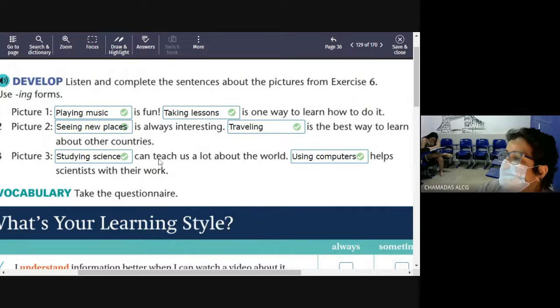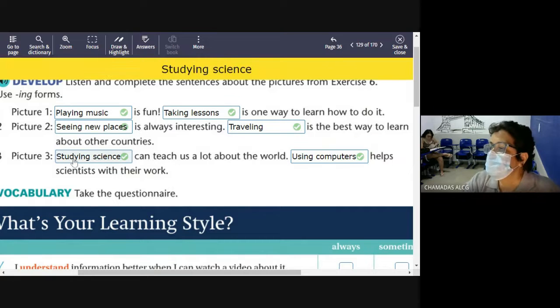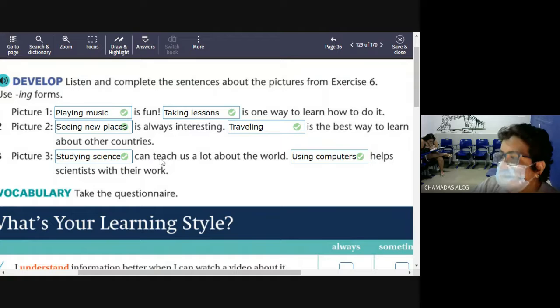You see, it's not necessary for it to be the verb "to be" all the time. We can use other verbs, all right? Even modal verbs, okay? So studying science can teach us, right? Using computers helps.